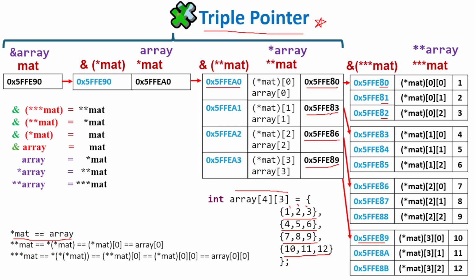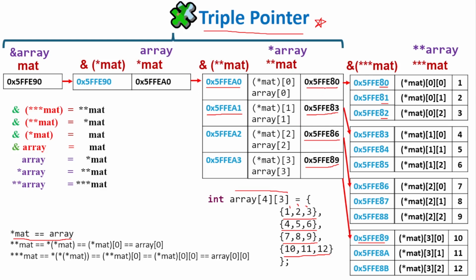The value 5FFE83 is stored at memory address 5FFEA1, and so on.